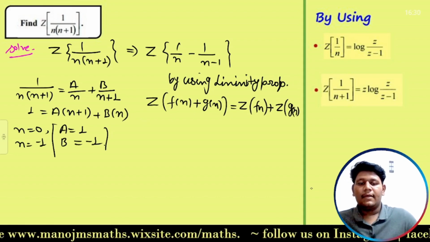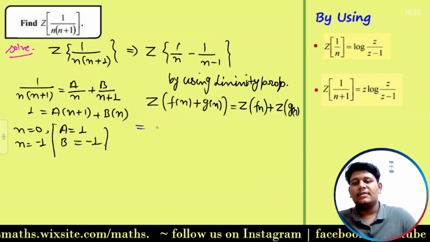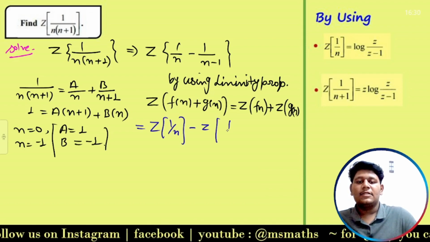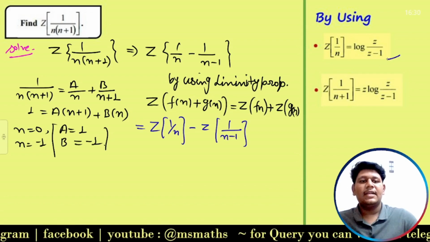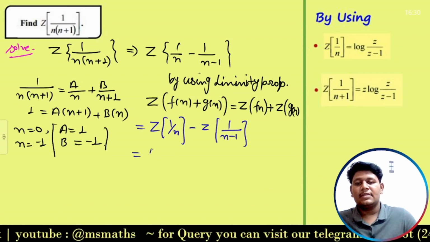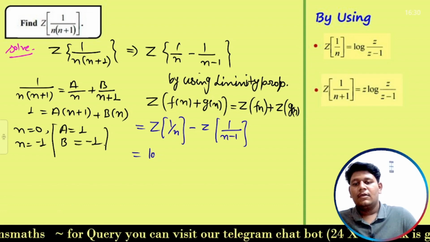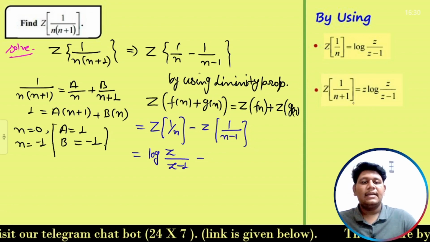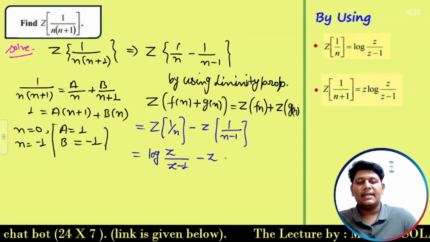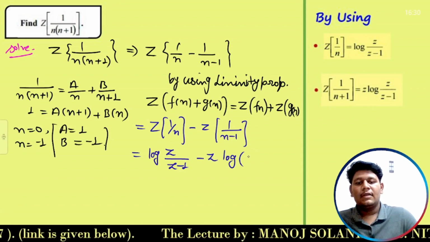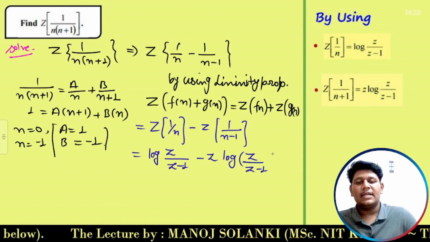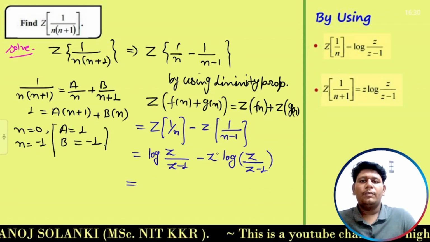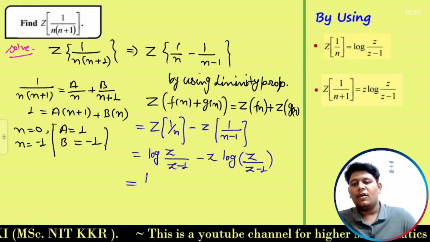So I can write it as the Z transform of 1 upon n minus the Z transform of 1 upon n plus 1. And we have the standard formula: it is log of z over z minus 1 minus, with z the complex variable, z into log of z minus z upon z minus 1. Similarly, if you want to put it in power, I can take log z common.